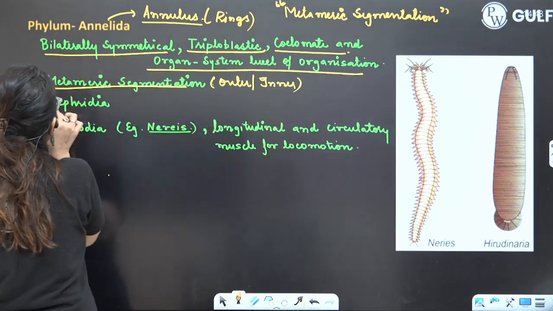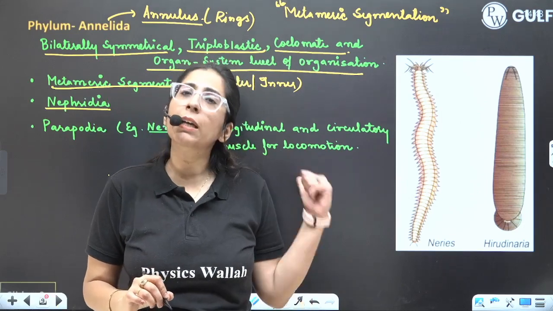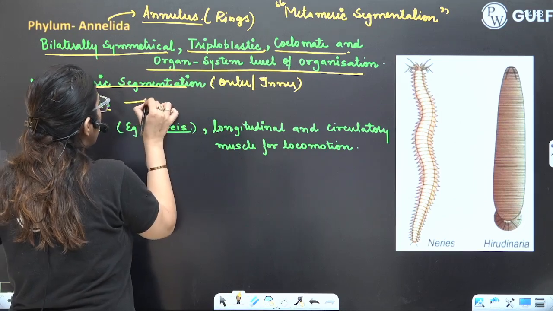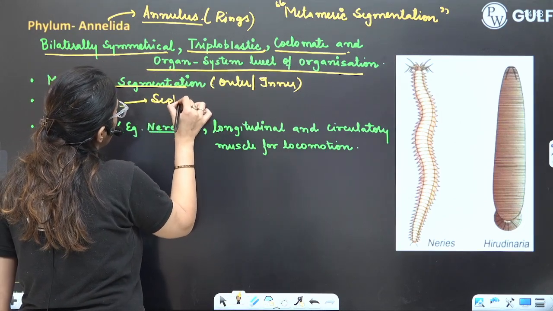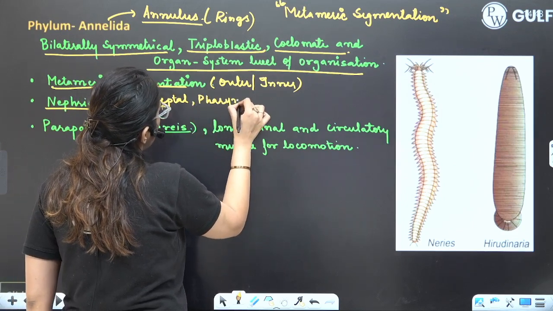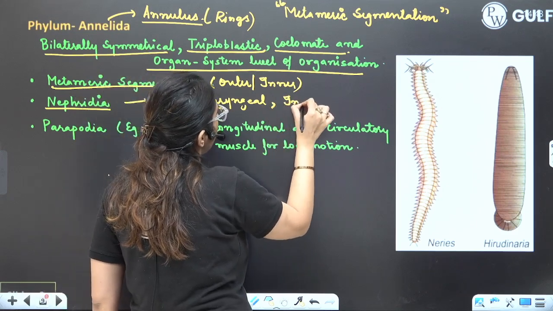Now, nephridia. What was there in Platyhelminthes? Protonephridia. Here, what do they have for excretion? Nephridia. So nephridia can be septal nephridia, pharyngeal nephridia, or integumentary nephridia.